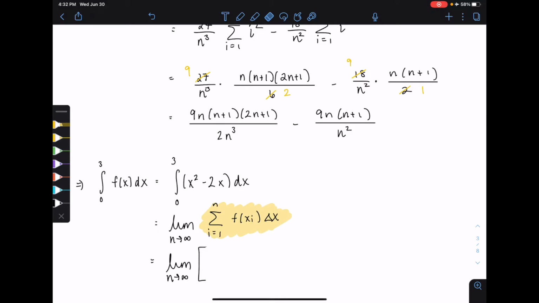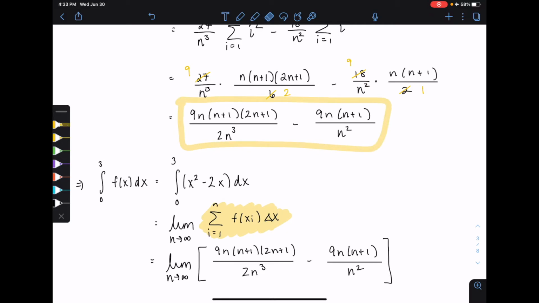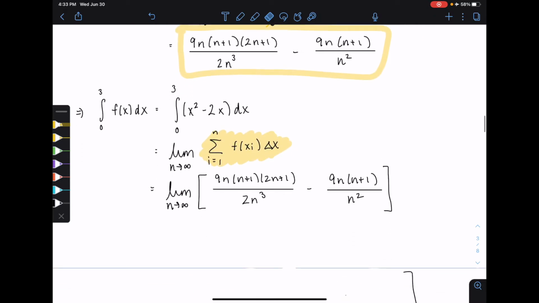So in place, I'm going to put exactly this nice expression we just came up with. So we're going to plug that in for that sum. And all that's left now is I need to take a limit as n goes to infinity. So I really have got to do some type of algebra manipulation to make this a little bit cleaner.